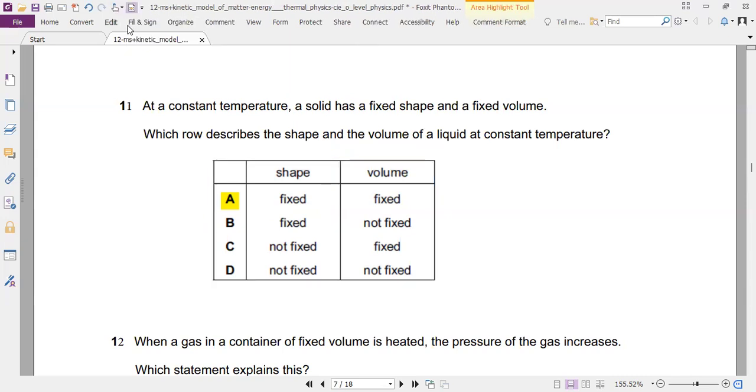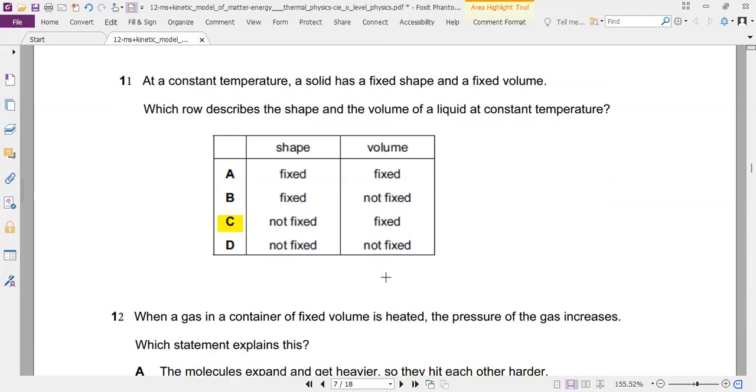So the shape of the liquid is not fixed, but its volume is fixed. That will be choice C. Why? Because a liquid changes its shape according to the container, but its volume does not increase or decrease. The gas does not have a fixed shape and does not have a fixed volume.